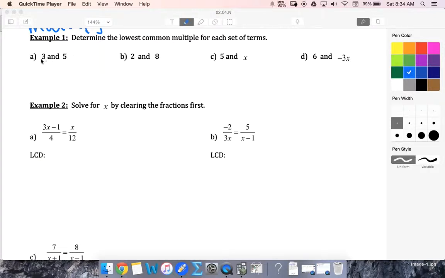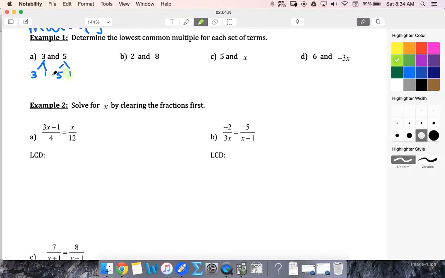One way I can think about this is with my factor tree. 3 and 1, because it's prime. 5 and 1, well, they share a 1. So when I'm creating the common multiple, I'll have 1 times everything they share, and that will appear as many times as it's shared.